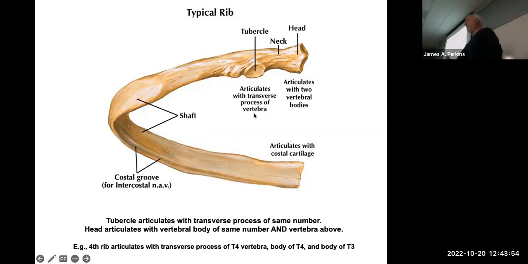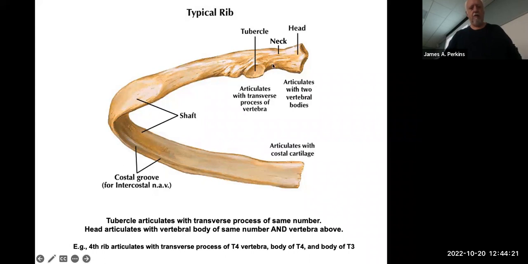Now, what do I mean by the vertebra that has the same number? If this is the fourth rib, for example, the tubercle articulates with the transverse process of T4, the fourth thoracic vertebra. Okay, so the tubercle of the fourth rib articulates with the transverse process of the fourth thoracic vertebra.